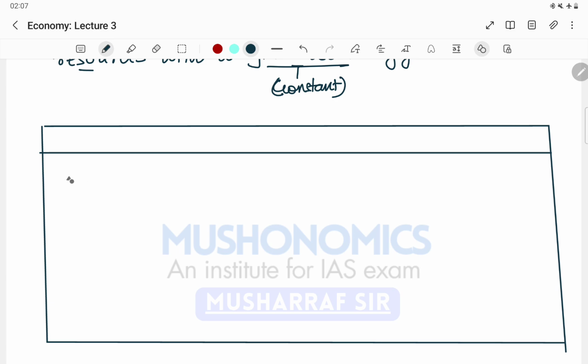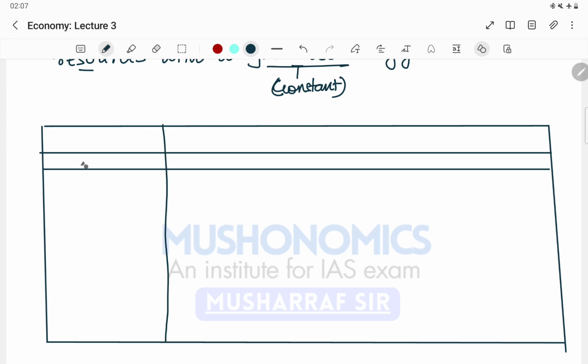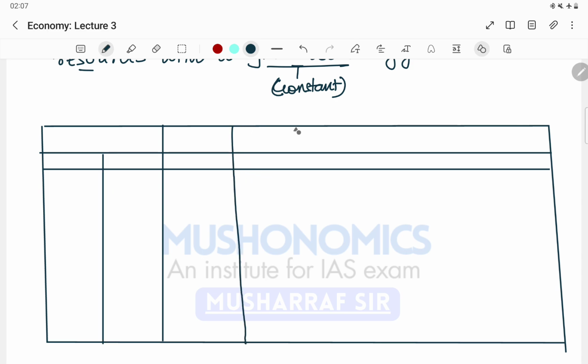Suppose these are inputs, and these are inputs. This is capital. This is output that we can take, right?